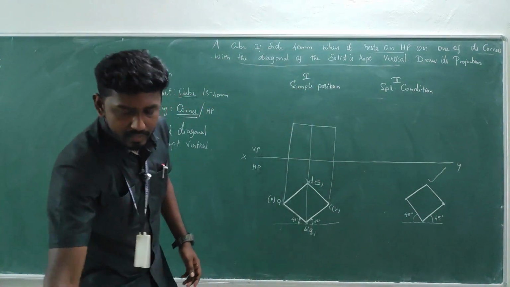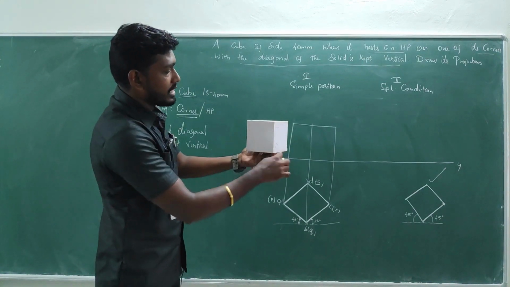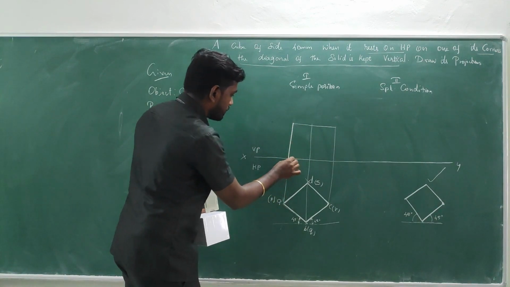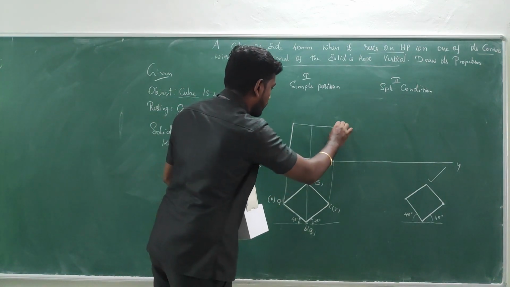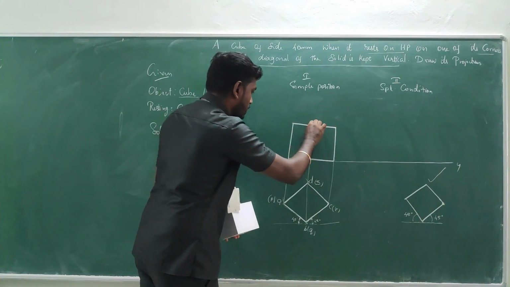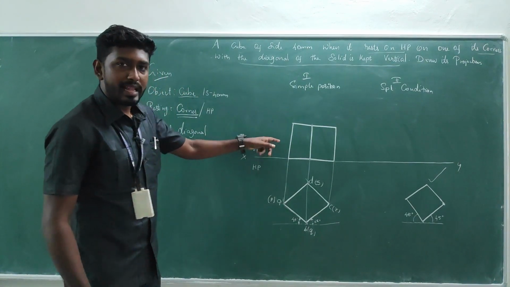When you are looking from the front, 1, 2, 3, all these 3 edges will be visible, so we make them dark. And then give the notations. It's a front view.